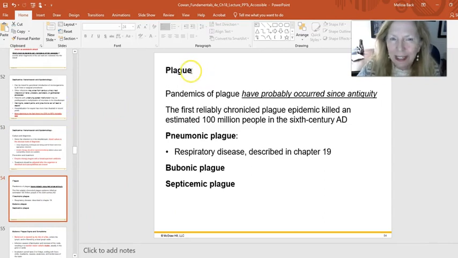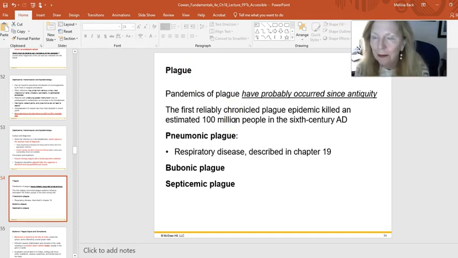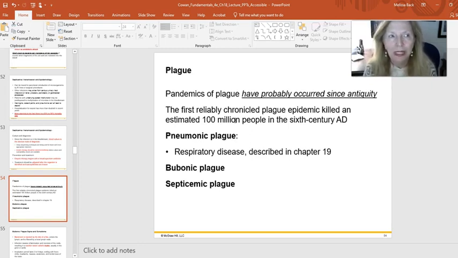Okay, so that's sepsis. The plague, this has occurred. The plague epidemics have occurred forever. The plague, or the Black Plague, is actually from a bacteria called Yersinia pestis. Yersinia pestis, we do know, is still endemic, even though we don't hear about plague outbreaks really any longer.